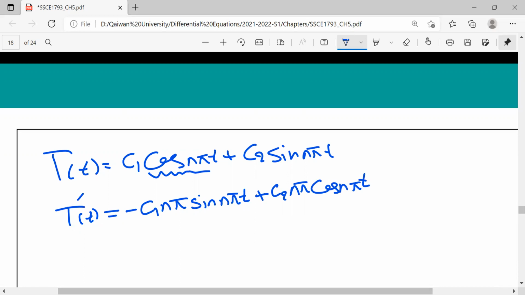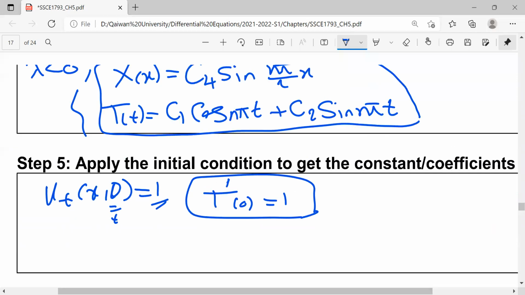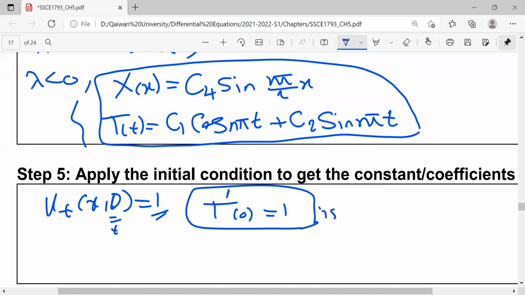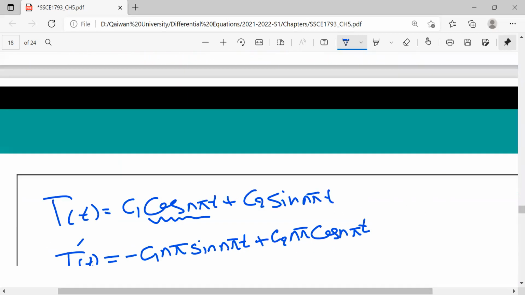Now we apply the initial condition, which is T prime of 0 is 1.